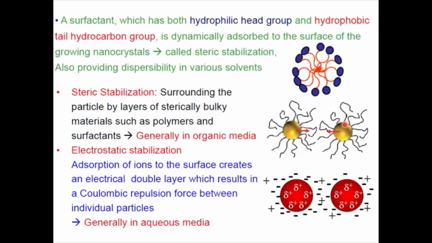And the stabilization for inorganic media, especially for metals, is carried out using electrostatic stabilization, which is explained with the pictogram here, all right, which gives you an adsorption of ions to the surfaces and creates a double layer, which results in the Coulombic repulsion of individual particles and accommodates these particles within the surfactants so that there is size selectivity and uniform sizes for the nanoparticles.